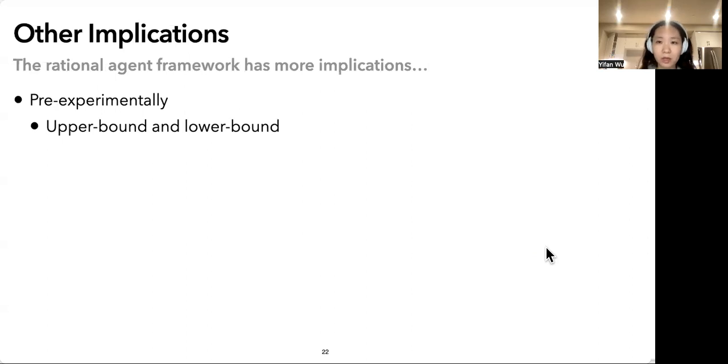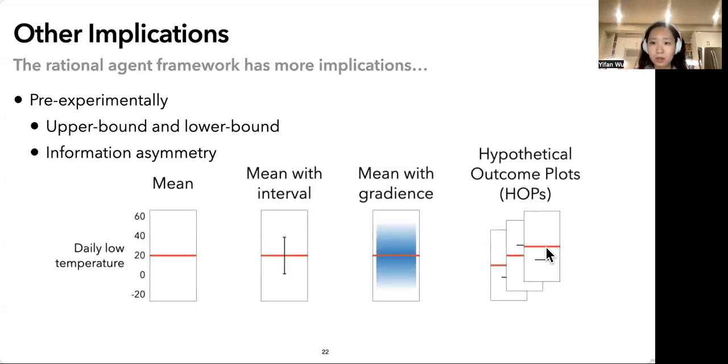With the rational agent framework, we are able to do other things beyond upper bounds and lower bounds. So for example, we are able to quantify the information asymmetry between the visualization strategies. For example, if the experimenter wants to compare mean visualization to the other three visualization strategies, this mean visualization is naturally less informative than the other three.